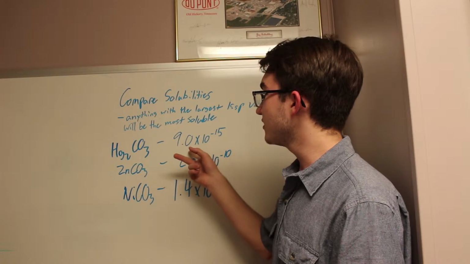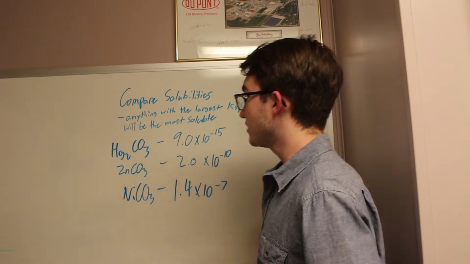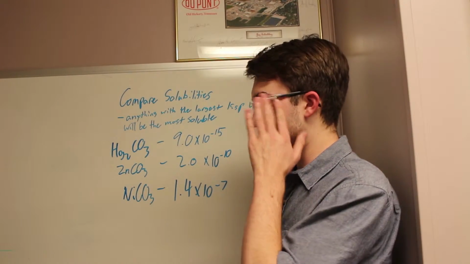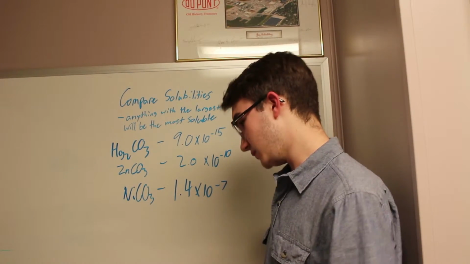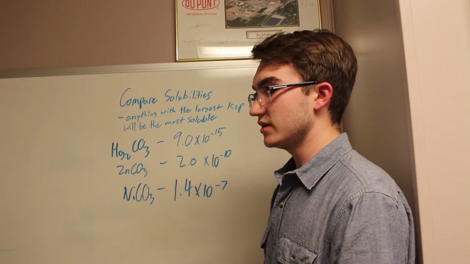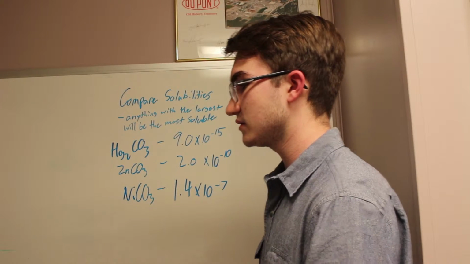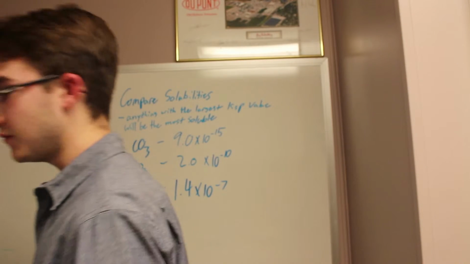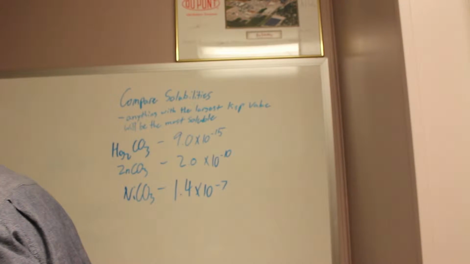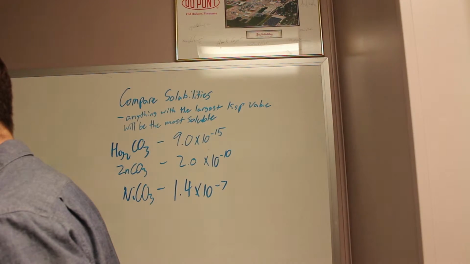And you can't compare compounds with different numbers of ions in them. It doesn't work that way. What you have to do is make sure that you have all the same ones. And if you run into this problem, you're not really that well off, actually.